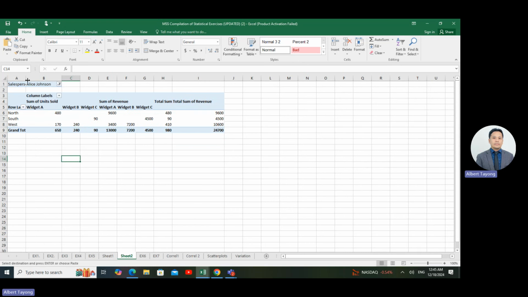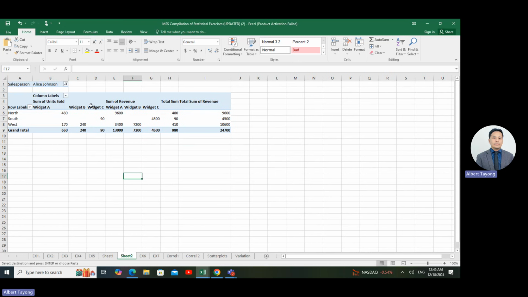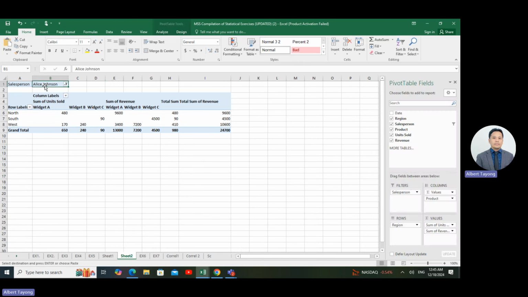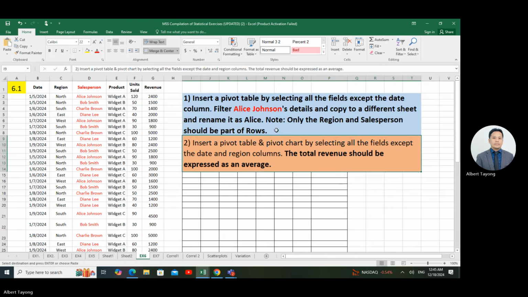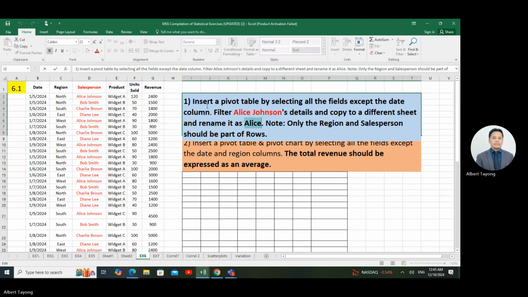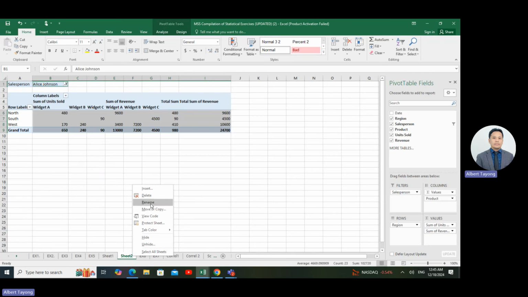So you can see that these are the details of the salesperson named Alice Johnson. So let's rename this as Alice, as mentioned here.